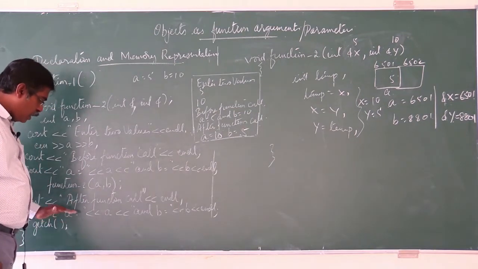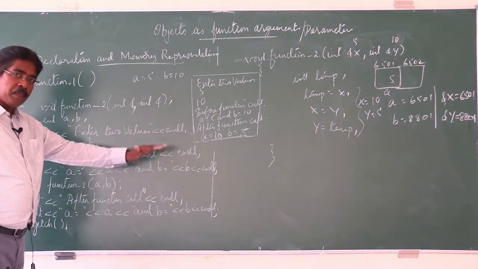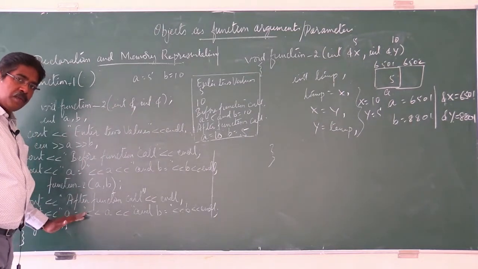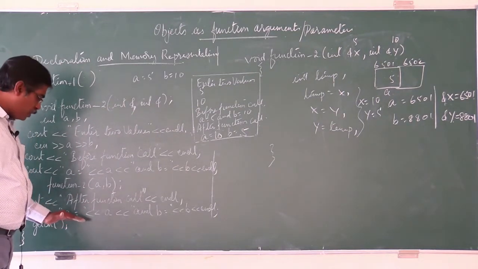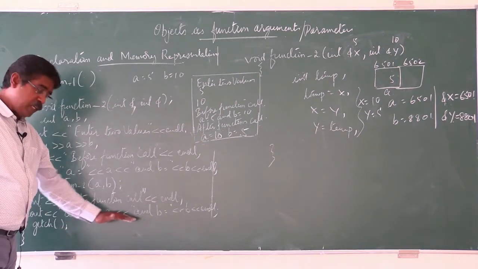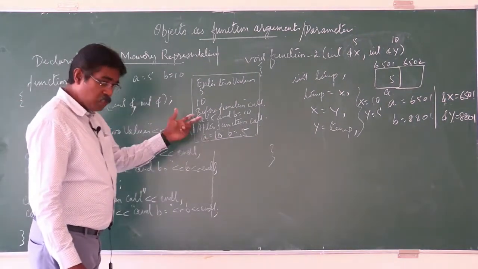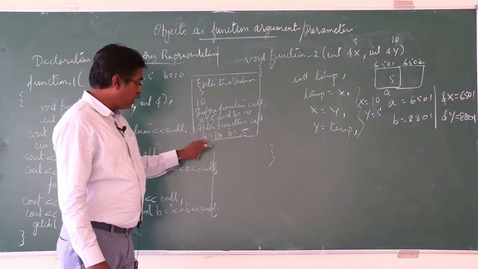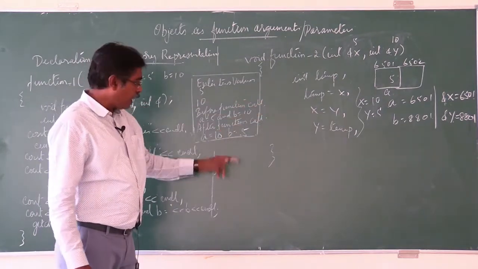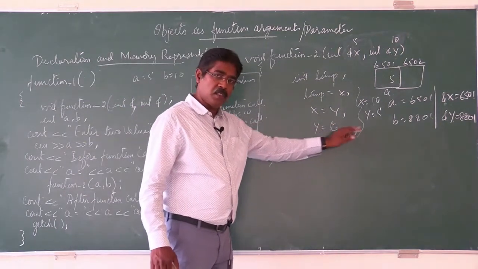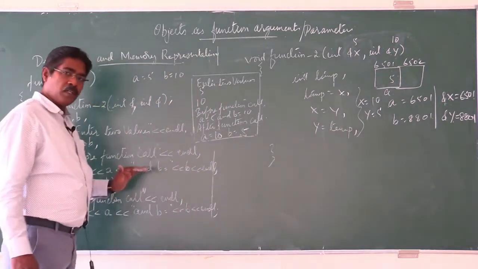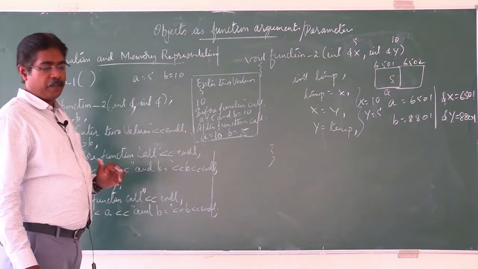Hence, after function call, the original arguments reflect. That is, there is a change of values in A as well as in B. Hence, A changes the value to 10, that is, X has changed. Likewise, B changes the value to 5, that's how Y has changed. This is the concept of pass by reference.